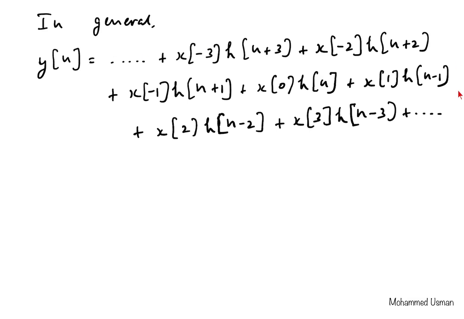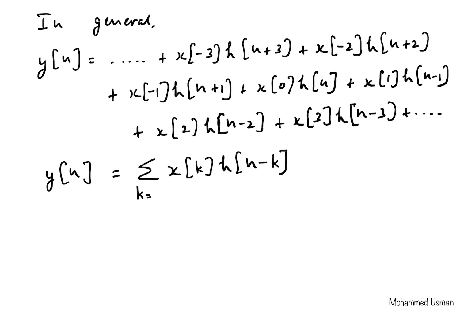So in general, now we have written this as a linear combination of the shifted impulse responses, and we can write this very concisely as y of n equals summation x of k times h of n minus k for k equals minus infinity to infinity.